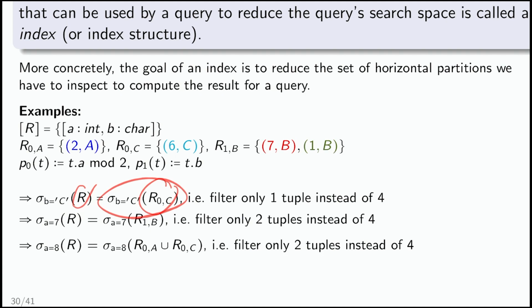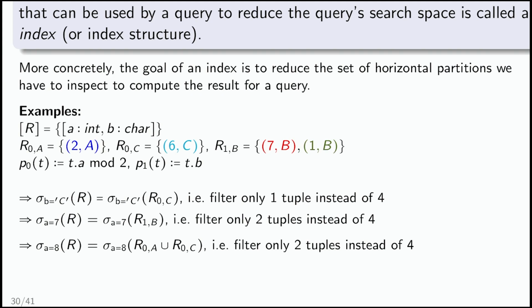Because the tuples qualifying can only exist in this relation. So you're only expecting 1 tuple instead of 4 tuples. Yeah, so basically you're rewriting the input queries.